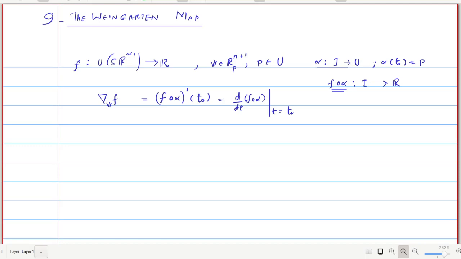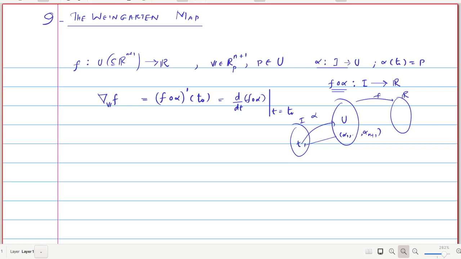But if we use the chain rule here, suppose this is U and f is from U to R, and alpha is from, say, its domain I. If you choose any t here, then alpha of t is always an element of R^(n+1), in fact an element of U. So alpha should have n plus 1 components, alpha 1, alpha 2, up to alpha n plus 1.